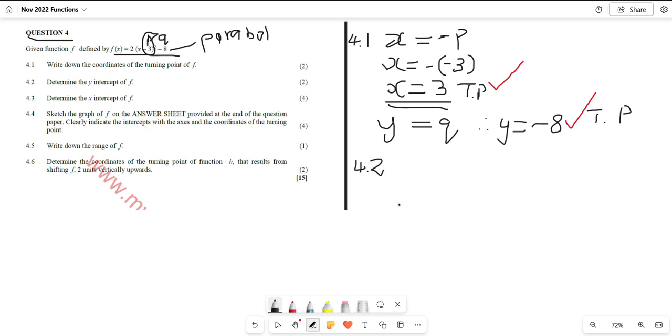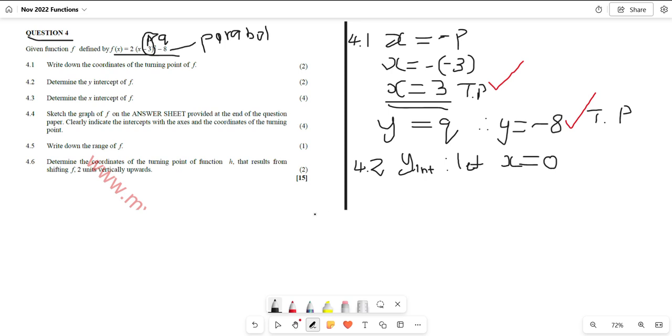Then 4.2, determine the y-intercept of f. We know for us to find the y-intercept, the y-int, we always let x be equal to 0.